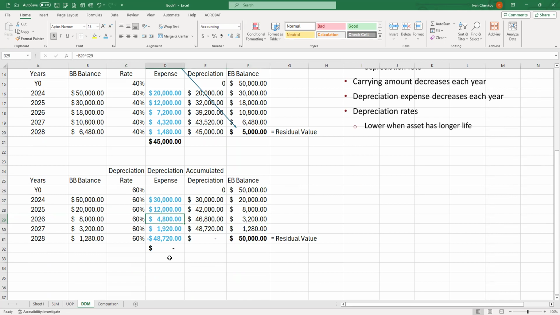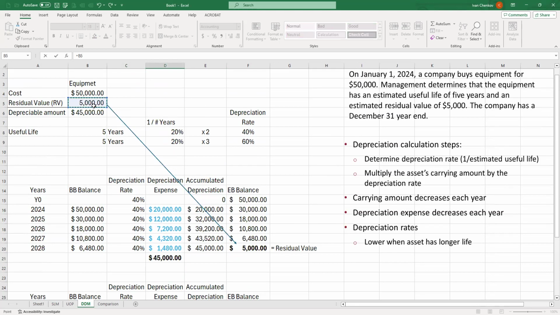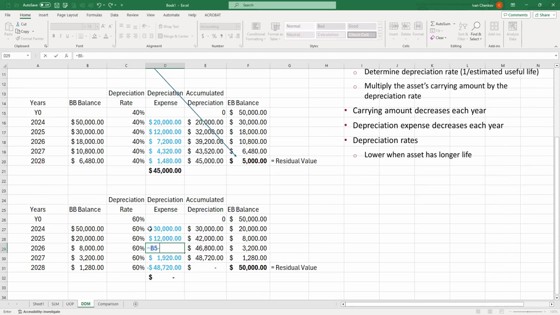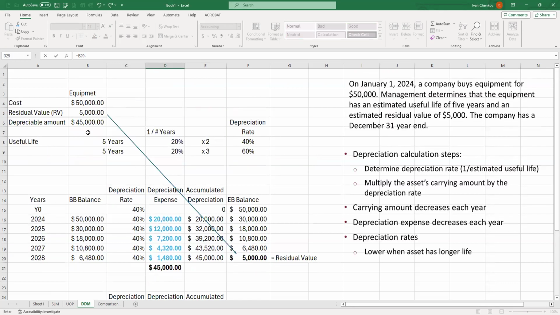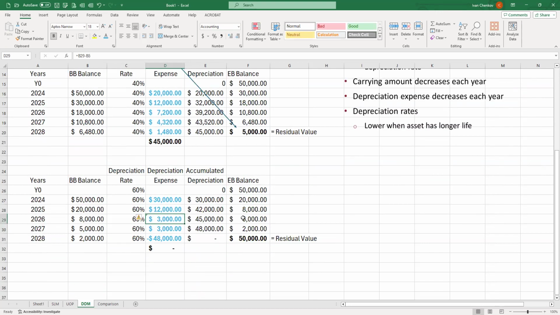So we have to adjust our depreciation the opposite way: it will be equal to 8,000 minus the 5,000. So in that year, our depreciation will be only 3,000. 5,000 is our balance, and the depreciation here will be 0, and here 0, and that's how we keep the 5,000 residual value.